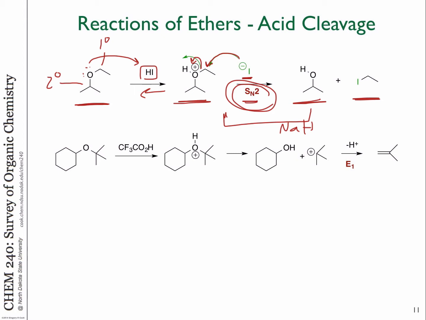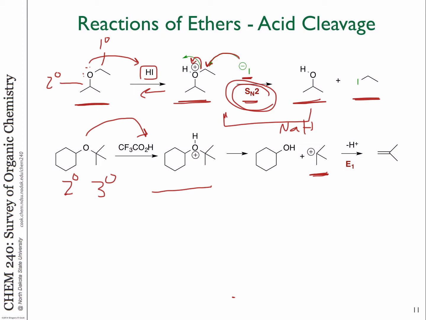If you can form a really stable carbocation, like in this case I have a secondary carbon on the left side here, and a tertiary carbon on the right, you protonate that with an acid, you generate this oxonium species, but now we have the ability to form a stable carbocation. So that can break without the intervention of any other nucleophile, or any other species.